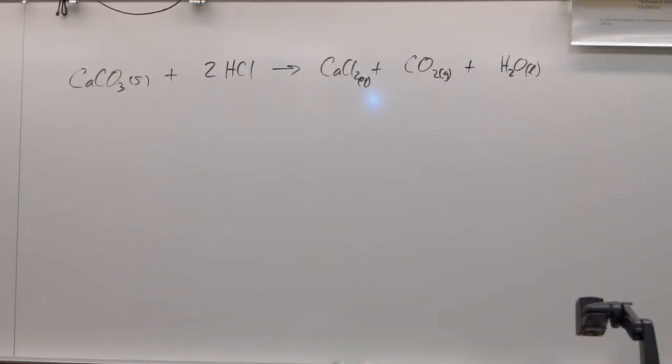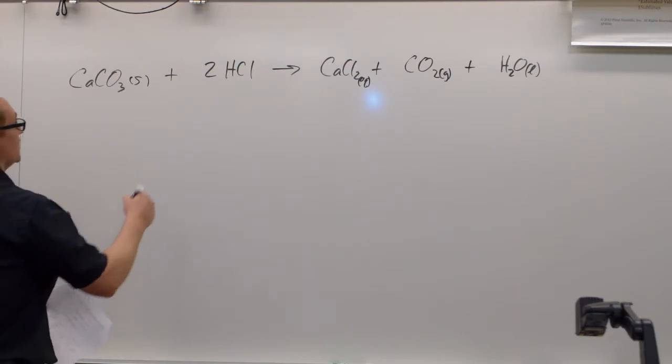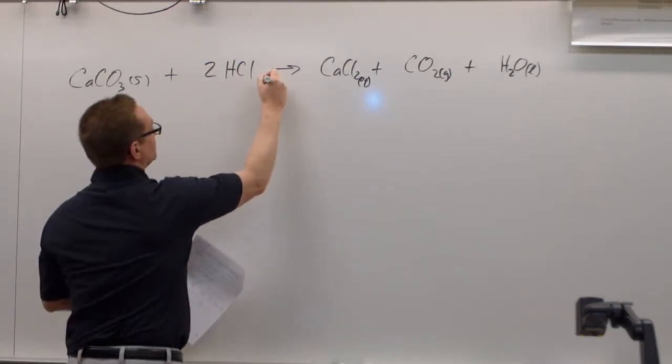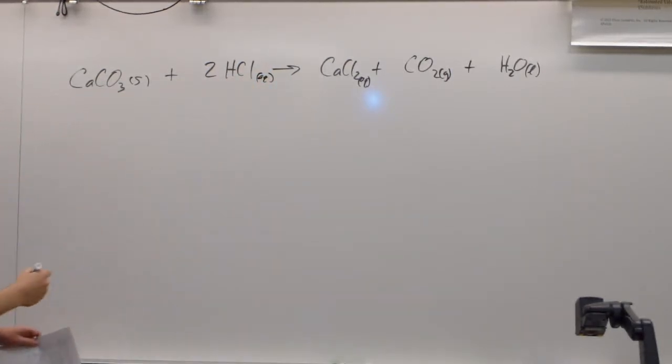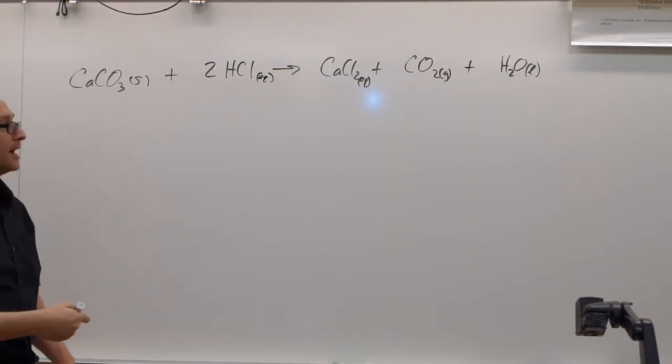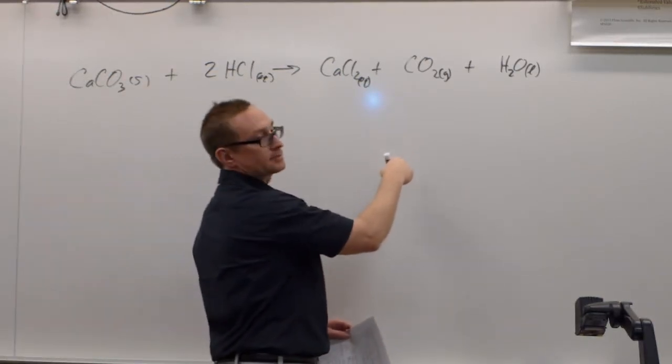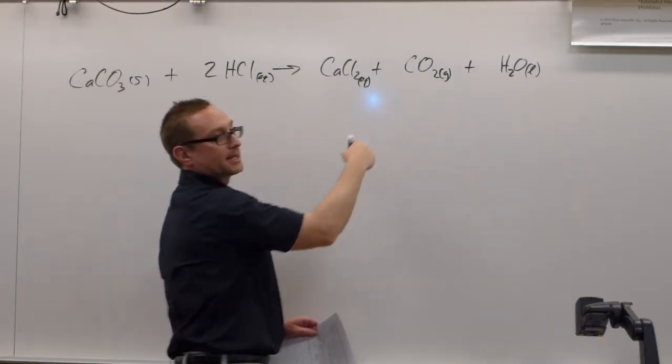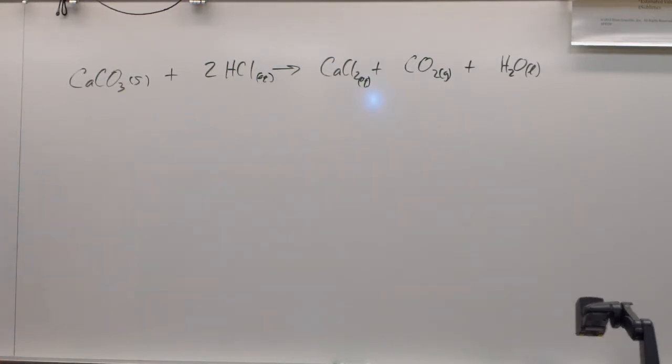And then to balance it, you got a 2 in front here. So when you do the lab tomorrow, you'll see gas bubbling out. This will be the gas coming out, carbon dioxide. Okay, so we got a balanced equation.